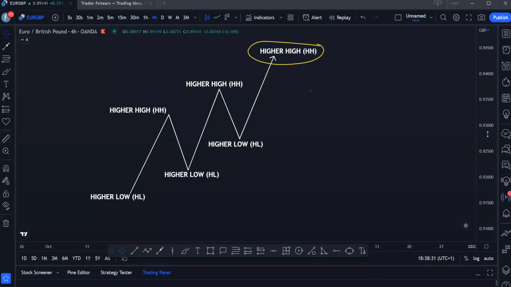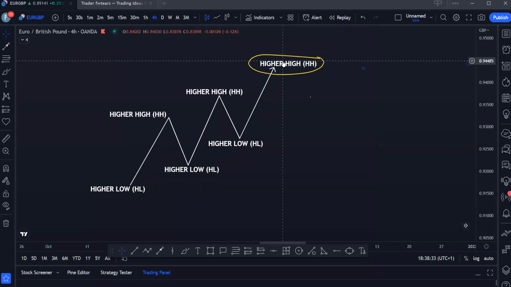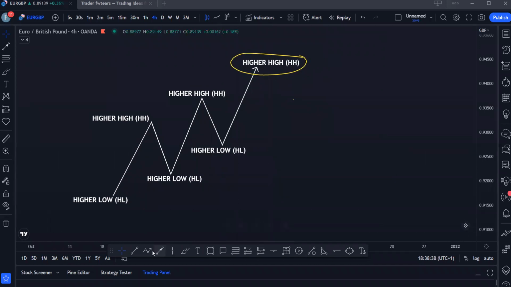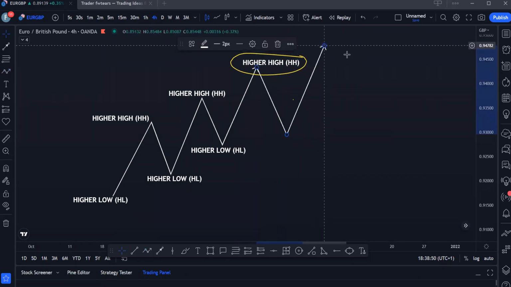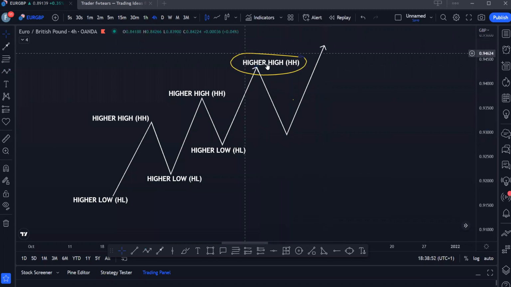If we still have new higher highs being created, price is in an uptrend. So we might have something like this. So another corrective move to form a higher low. And then if price should go above this higher high, like so, right? That means the uptrend is still in play.